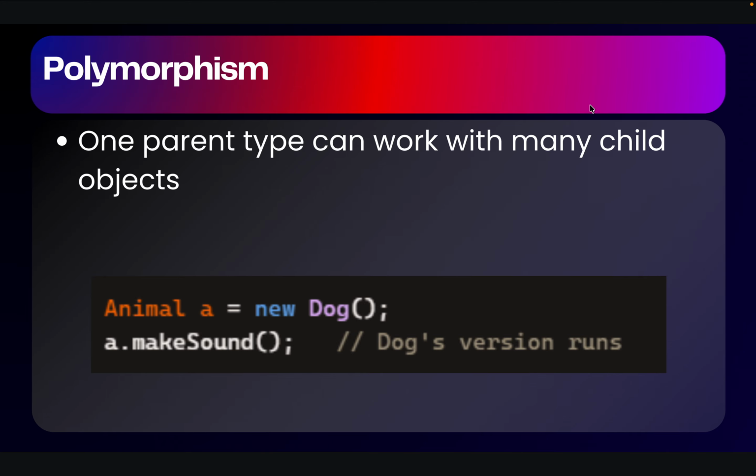So polymorphism is when one parent type can work with many child objects. If we take a look at this example, you see that we have an object we are creating that is an animal object, or it comes from the animal data type, excuse me.